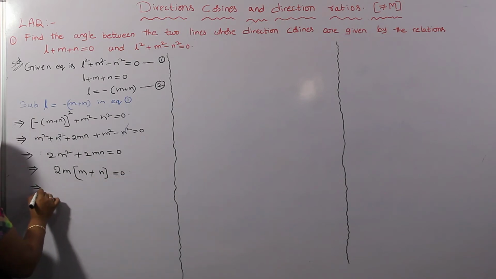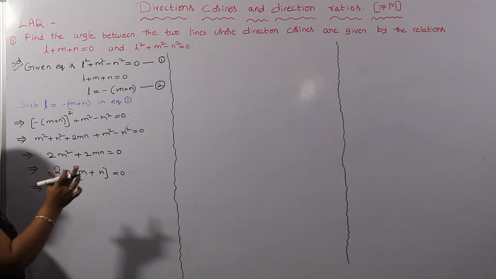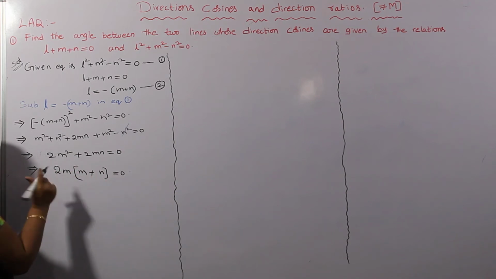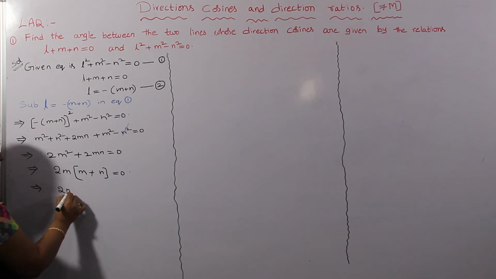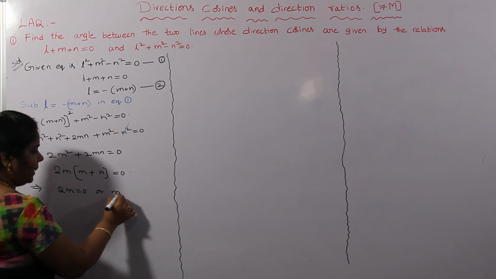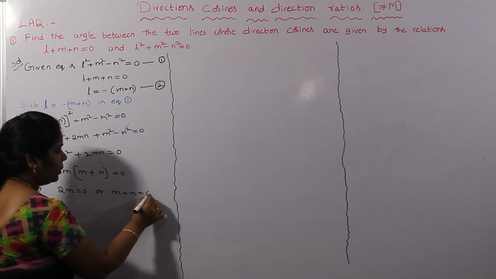From this, ab equal to 0 means either a is equal to 0 or b is equal to 0. That is, 2m is equal to 0 or m plus n is equal to 0.